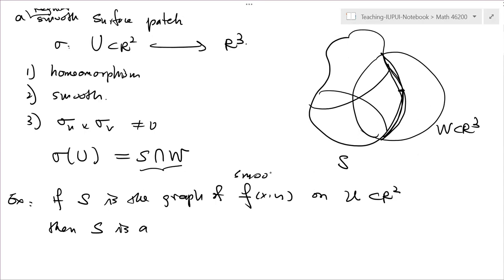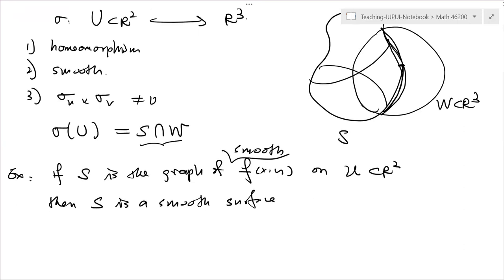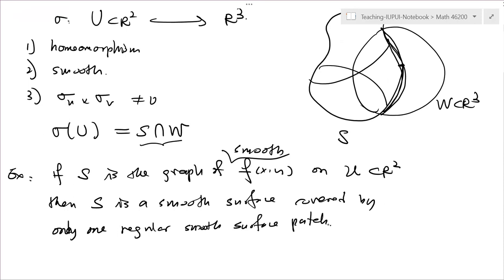If this is a smooth function, then it's a smooth surface, covered by only one regular smooth surface patch. And it's easy to construct such a one. The construction we already did before.